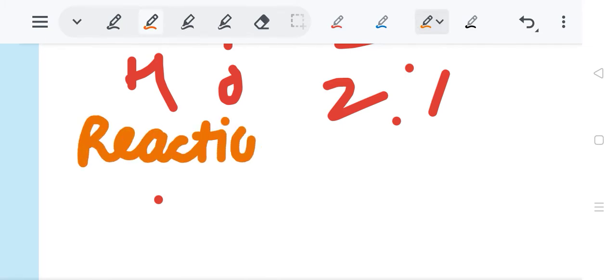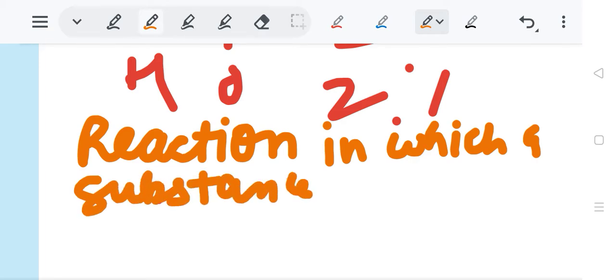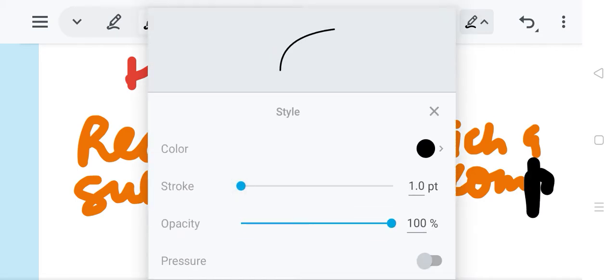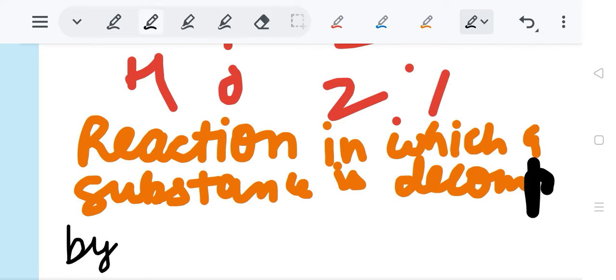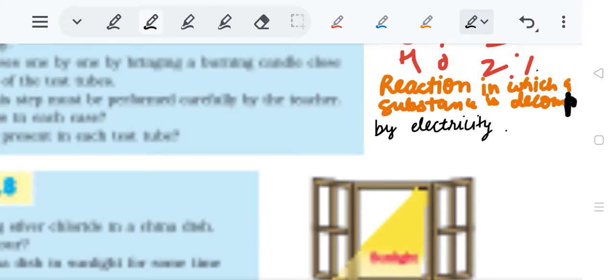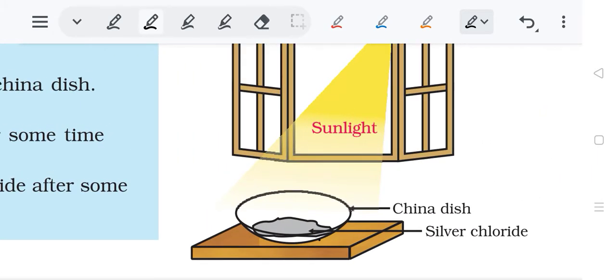A reaction in which a substance is decomposed by electricity is known as electrolytic decomposition reaction. So now we have this experiment.